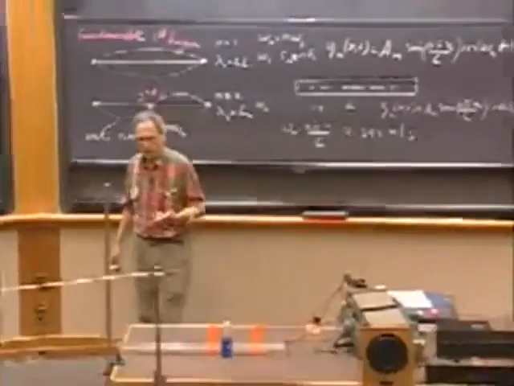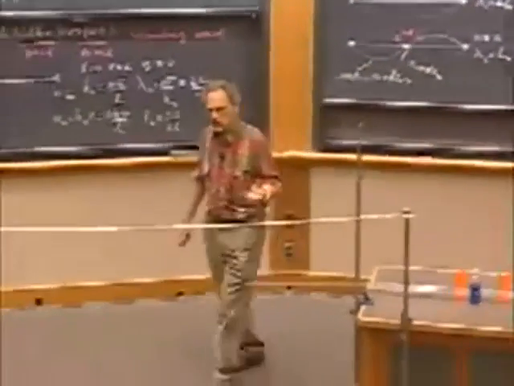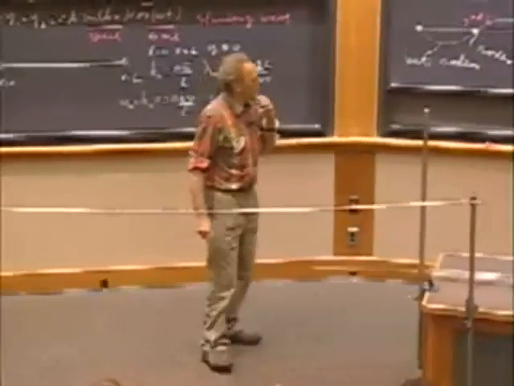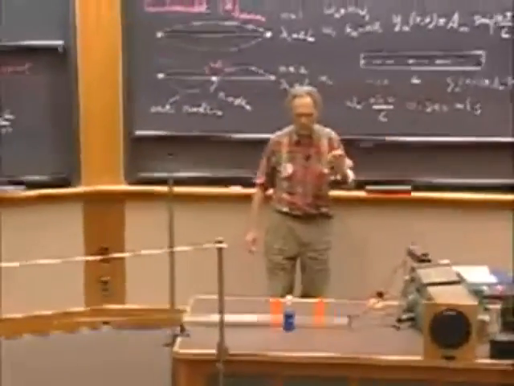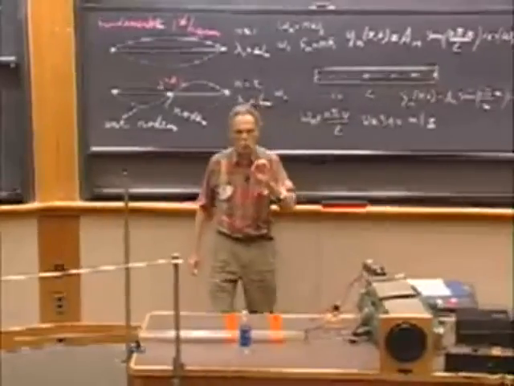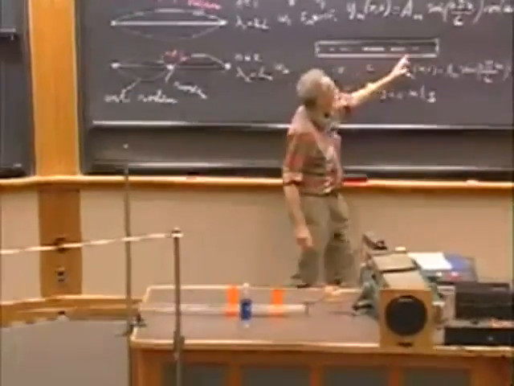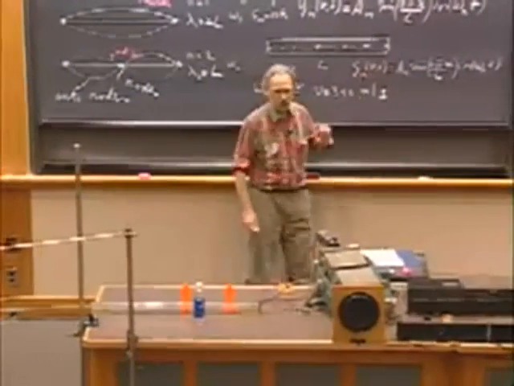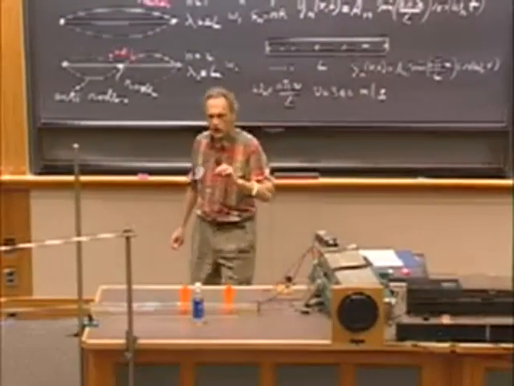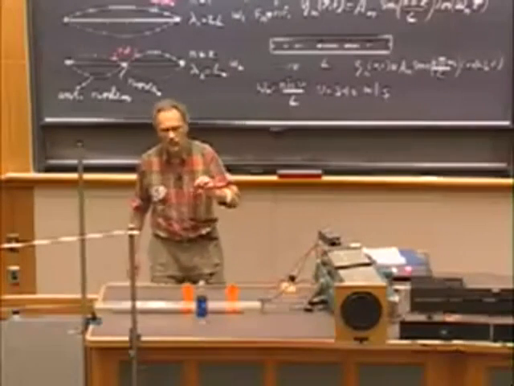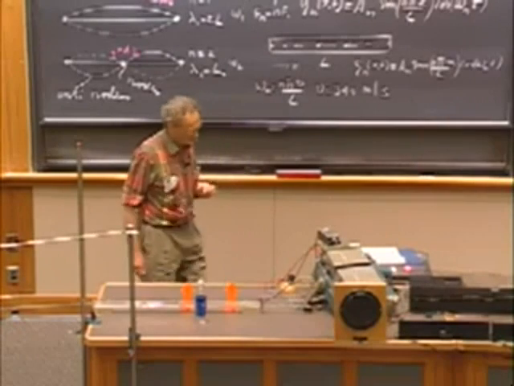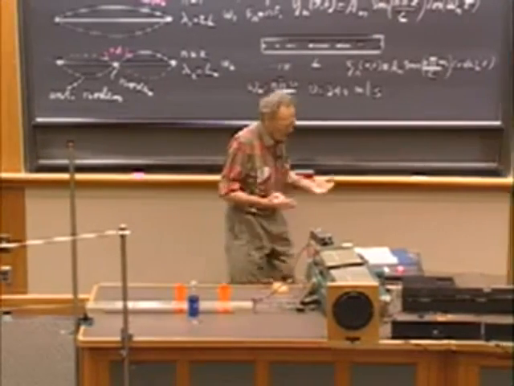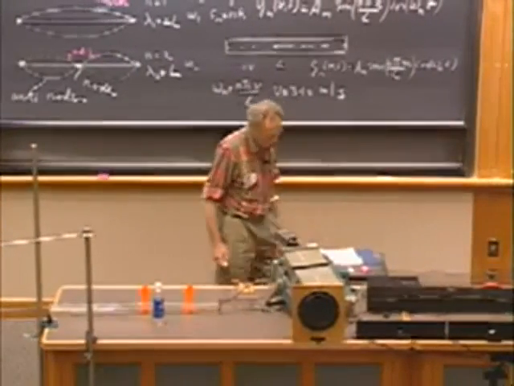More often than not, we express the standing wave in the case of sound in terms of overpressure. So we don't look at the displacement of the air molecules, which I did here, which is psi, but we want to know where the pressure is larger than 1 atmosphere and where it is lower than 1 atmosphere. It's the same idea, but it's very often done.